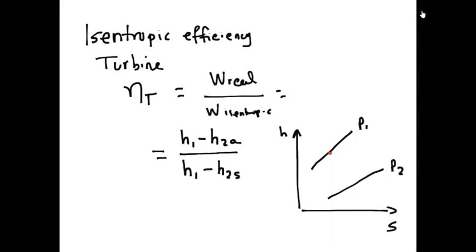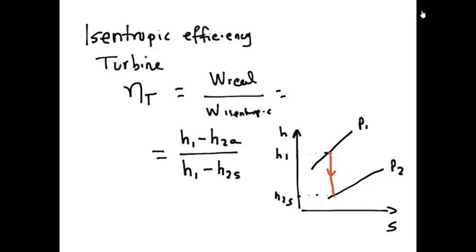We start at a certain pressure and go in a straight line like this, in an isentropic way, from H1, where we start the process, to H2S. That could be the ideal way of doing this.